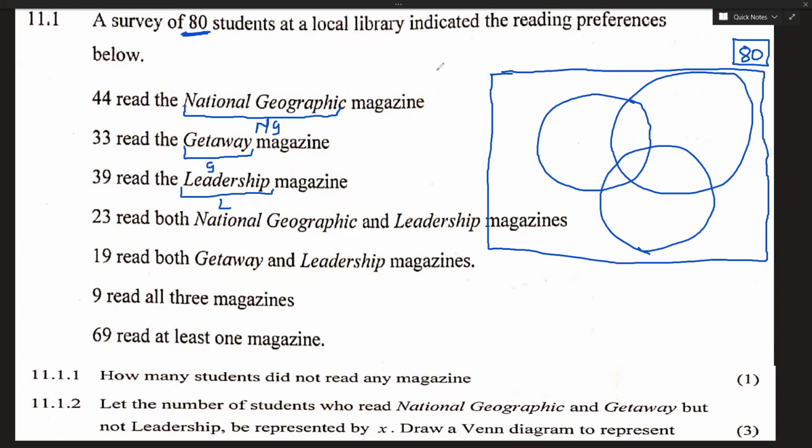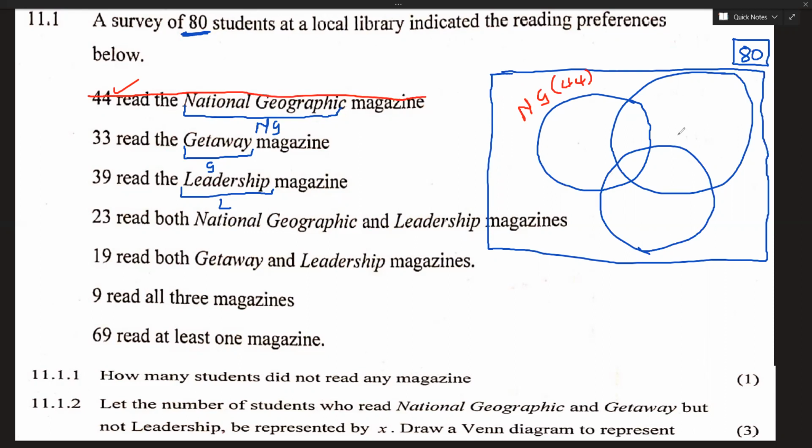Perfect. So now I'm going to show you how to fill a Venn diagram. You are always going to use this method all the time. Before we start, let's list our circles. So this one, I'll call it NG with 44 items in total, right? So I've considered that. I'm just going to remove it.